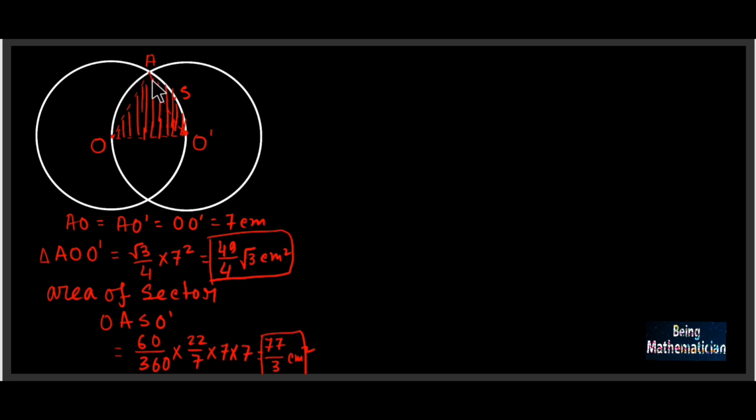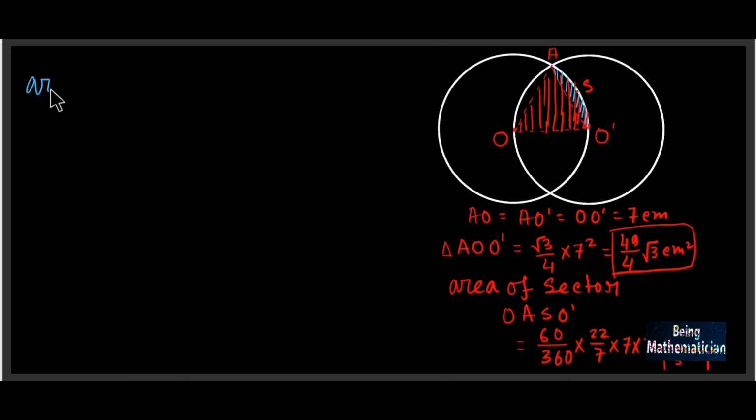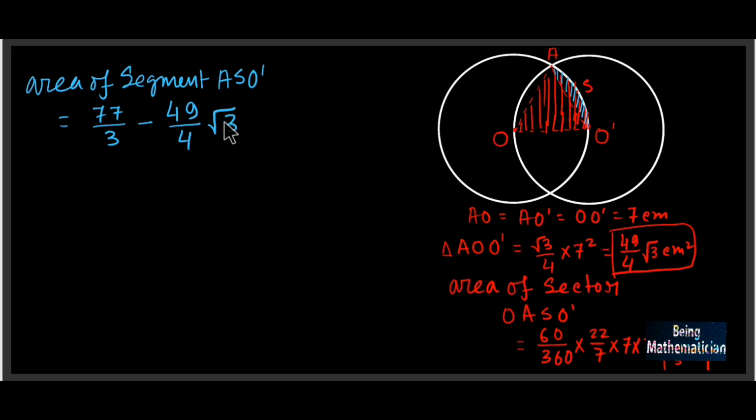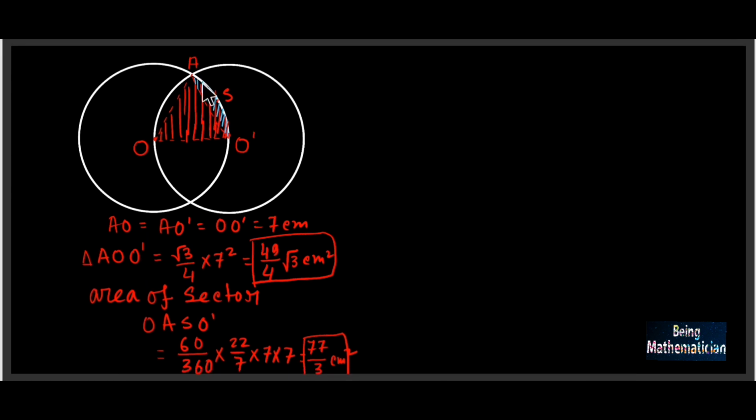Now we can find the area of this part, this segment, by subtracting the area of the triangle from the area of the sector. So the area of segment ASO dash is equal to 77 by 3 minus the area of the triangle, 49 by 4 root 3. Now this segment is equal to this segment.